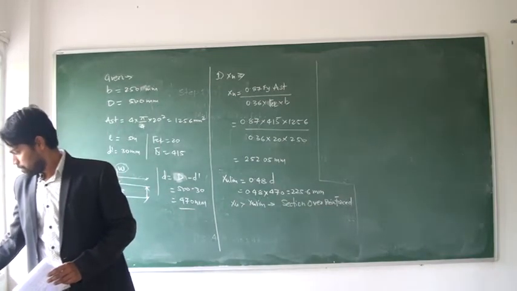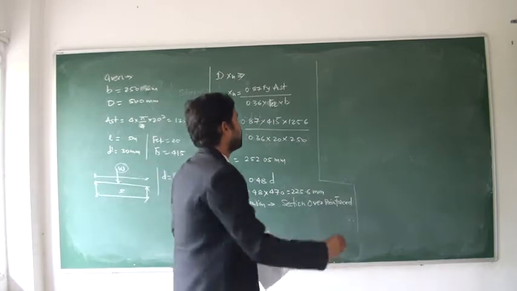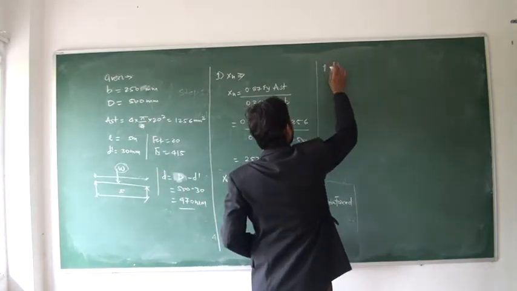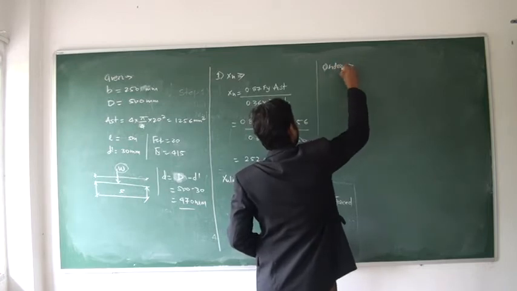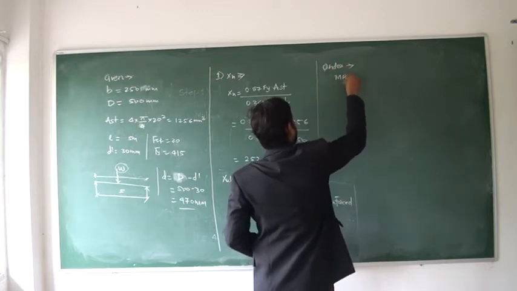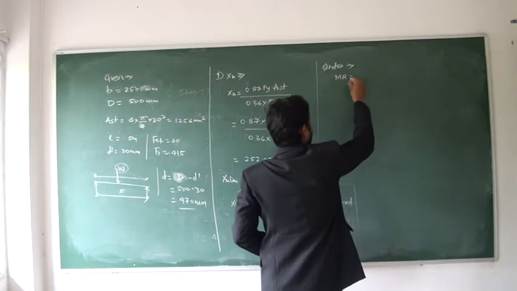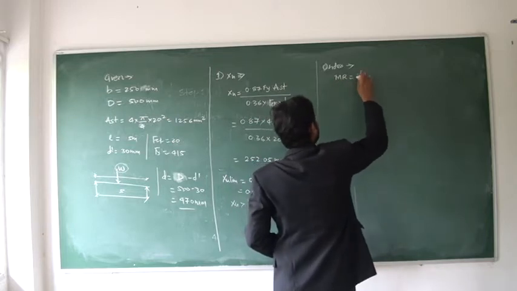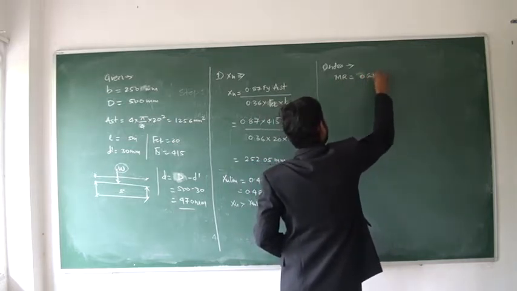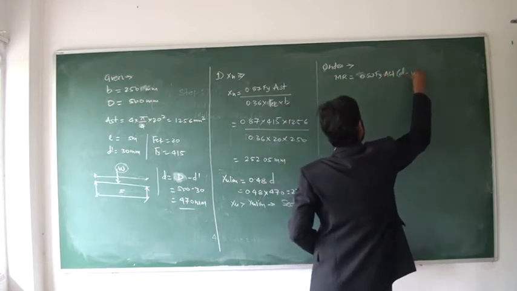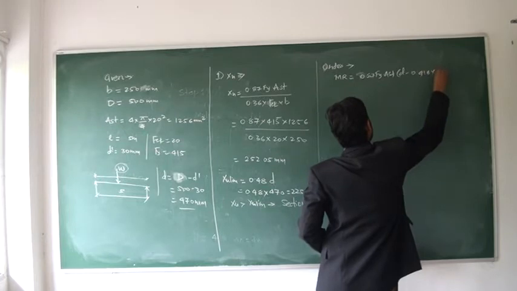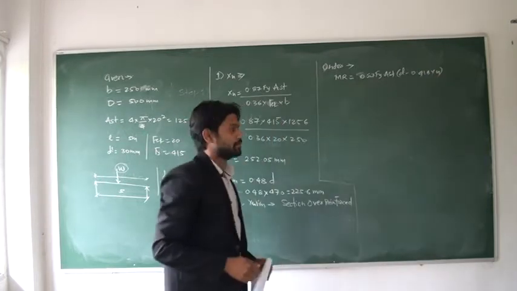See, if the section is under reinforced, MR will be equal to tension into lever arm, that is 0.87 fy into Ast into d minus 0.416 Xu. You have seen that.